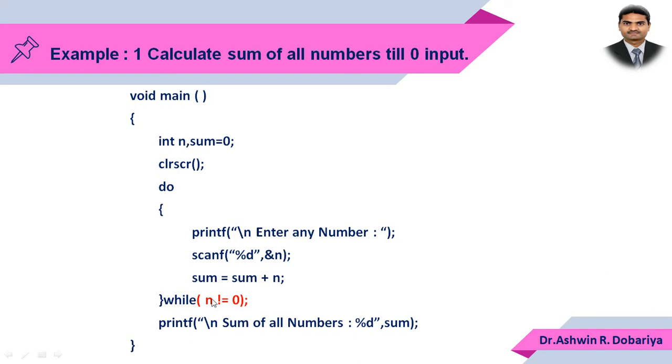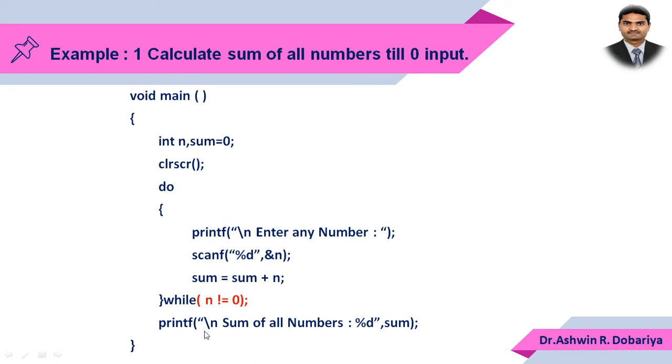Again 10 is not 0, so again it will execute, enter any number. Suppose I input 20, again 20 will be added to that. This process will continue unless and until the user inputs 0. If the user inputs 0, then there is no difference in the sum, and this condition becomes false. Once the condition becomes false, control directly transfers outside this loop, and it will display the sum. So this is a very simple example to understand the do while loop.